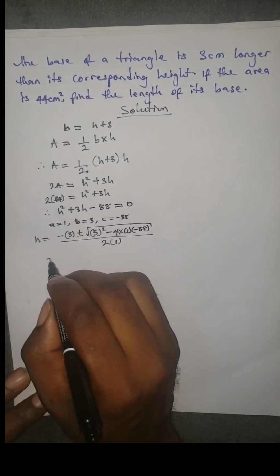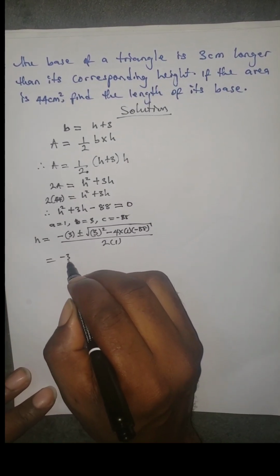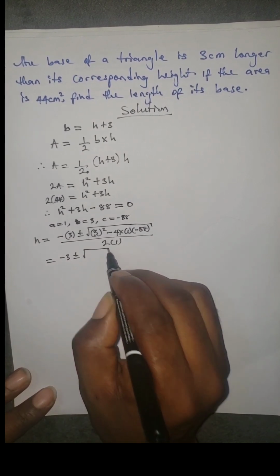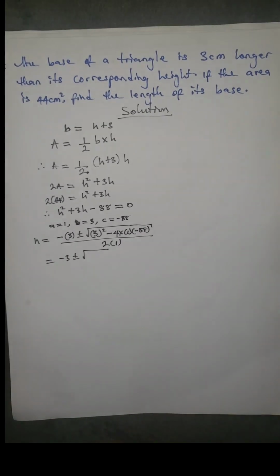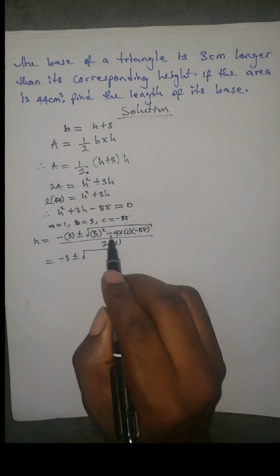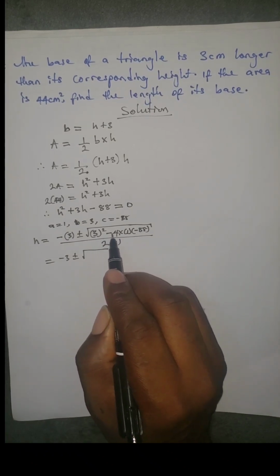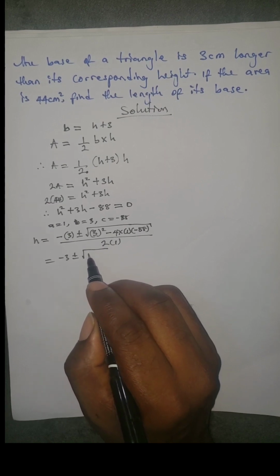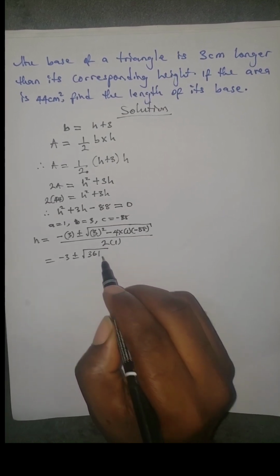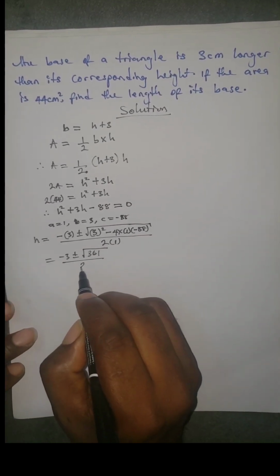So this will give me minus 3 plus or minus square root of, if you simplify this with your calculator or with your multiplication table. Okay, so when you simplify the inside this square root, you are going to have 361 all over 2.